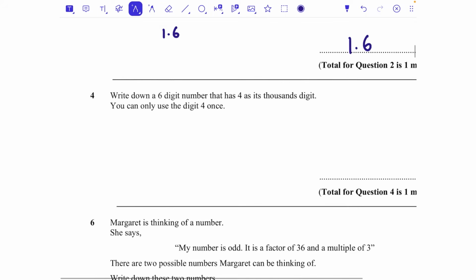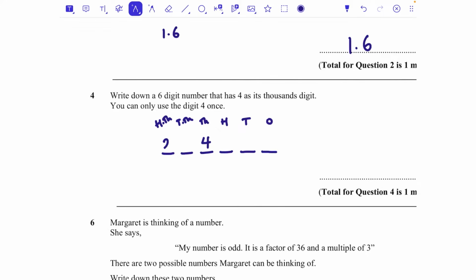Question number 4. Write down a 6-digit number, so 1, 2, 3, 4, 5, 6, that has 4 as its thousands digit. So this is the 1, the tens, the hundreds, the thousands, the 10,000s, and the 100,000s. We want a 4 as the thousands digit. Now, none of the other numbers matter, but we can't use a 4 again.